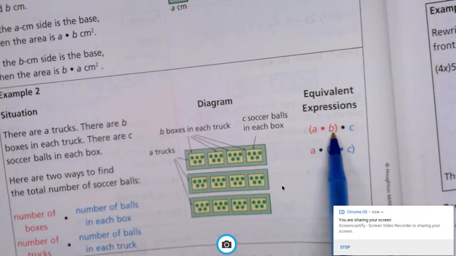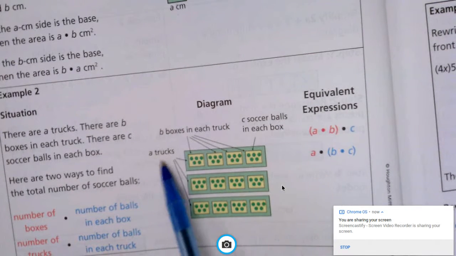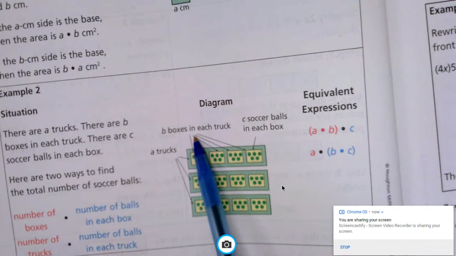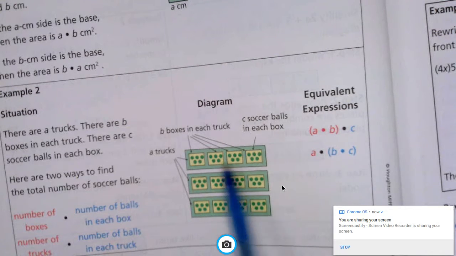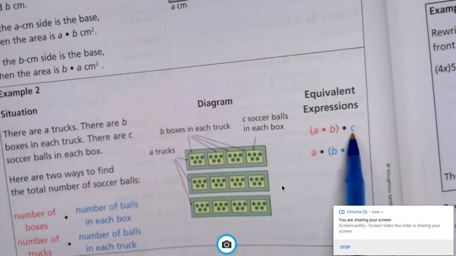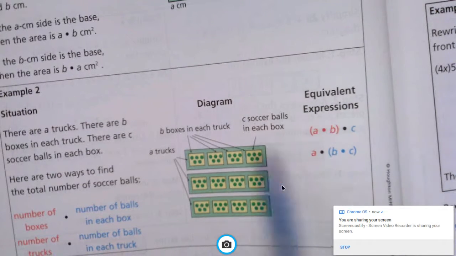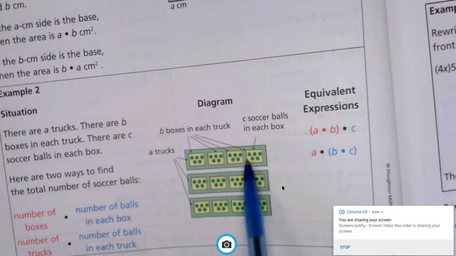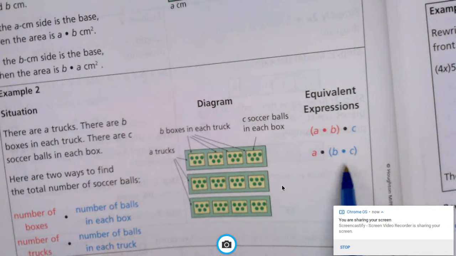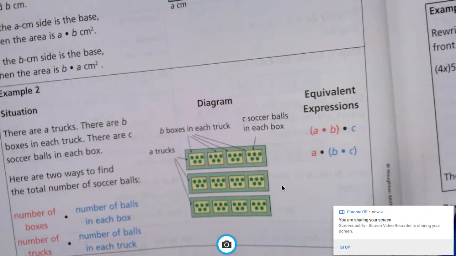A times B, so trucks times boxes, and then that result times C, or A times the result of B times C. These are both equivalent. You'd get the same calculation or answer no matter how you calculate it.